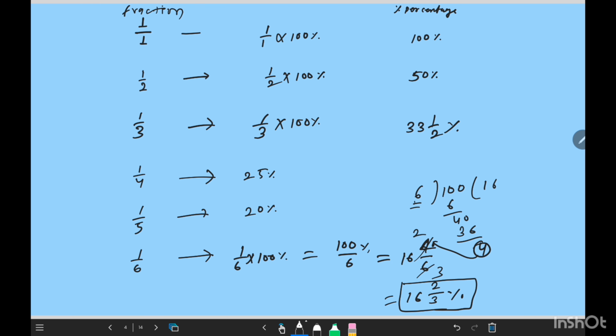And when you see 16 and 2/3, it should click in your mind that this is referring to 1 upon 6, right?